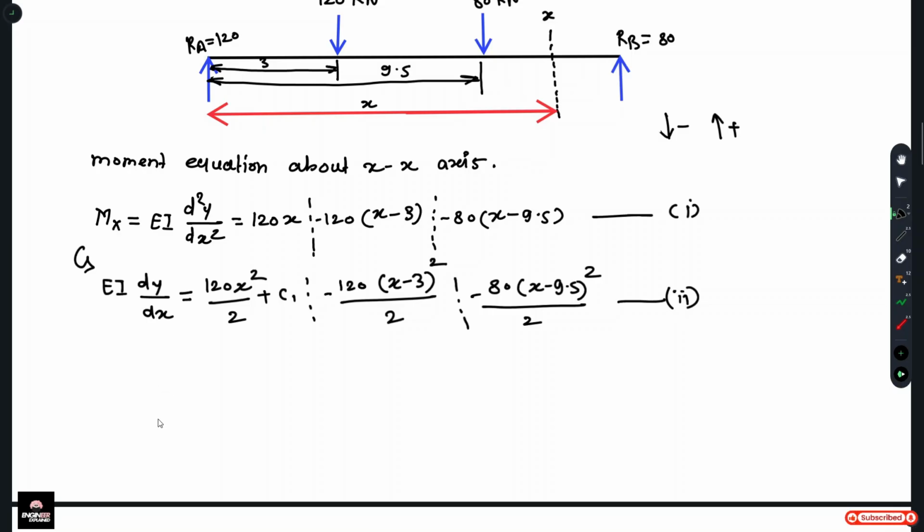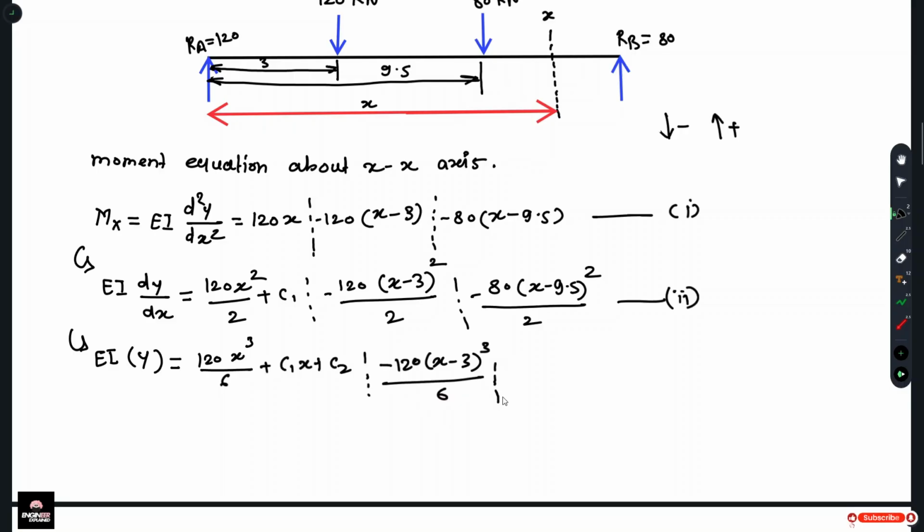Now for the deflection equation in terms of the constants, integrate equation 2 and we get EI y is equal to 120x cube upon 6 plus C1x plus C2, minus 120 times x minus 3 bracket cube upon 6, minus 80 times x minus 9.5 bracket cube upon 6. This is our equation 3.